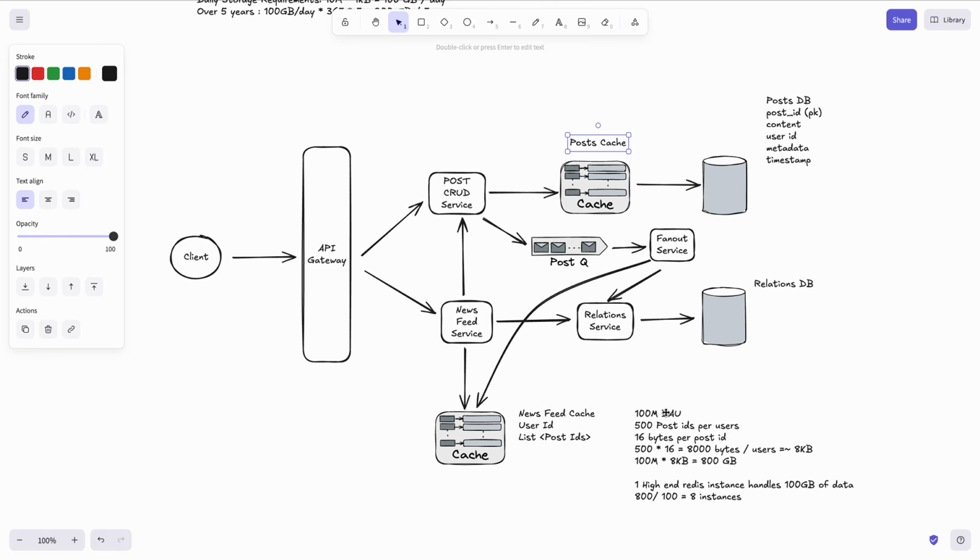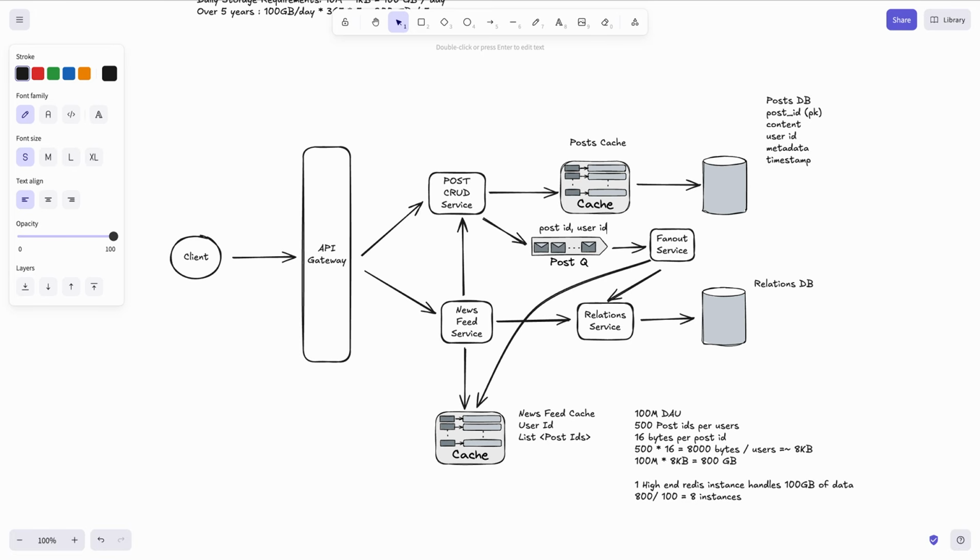So for the first part, that is ensuring that every single post gets delivered to every single follower's feed, we are using a post message queue, which has the post ID and the user ID of the user who created the post.